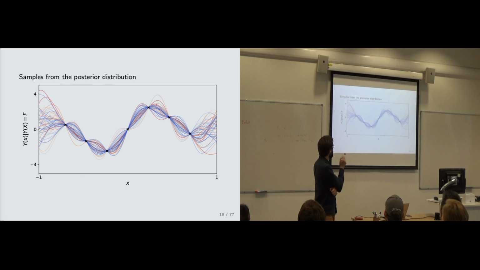So this is not confidence intervals, that's just samples from the model. You don't know which one of these is your function, but you know it should be one of these, and again you can sample an infinite number from them.